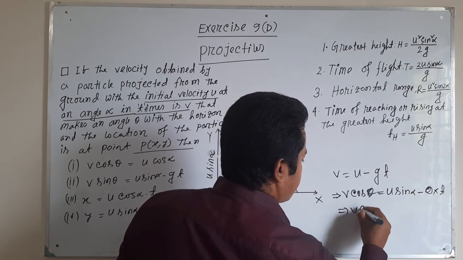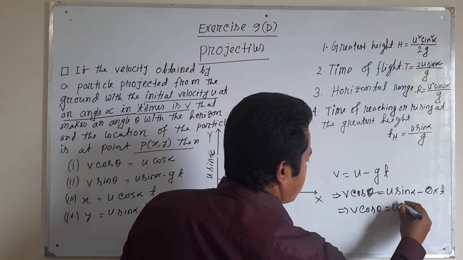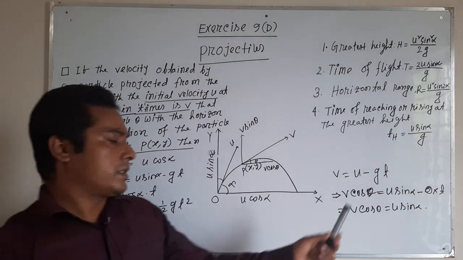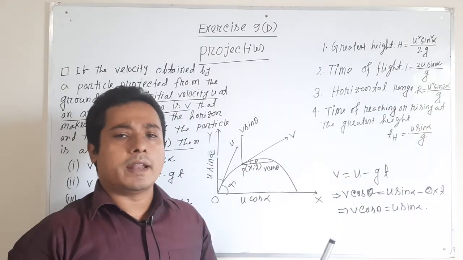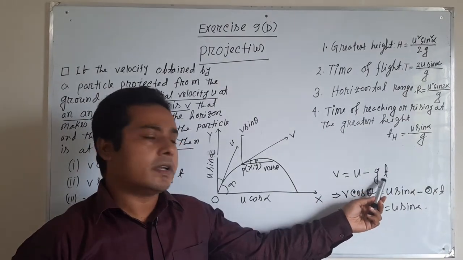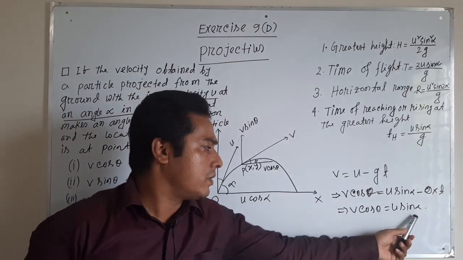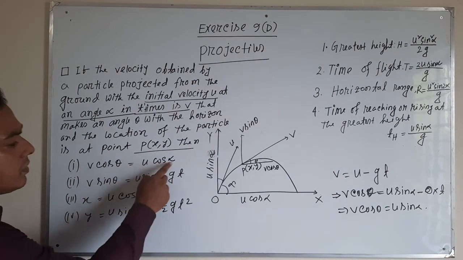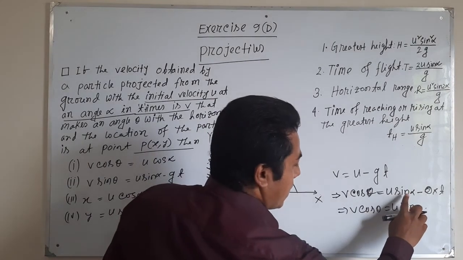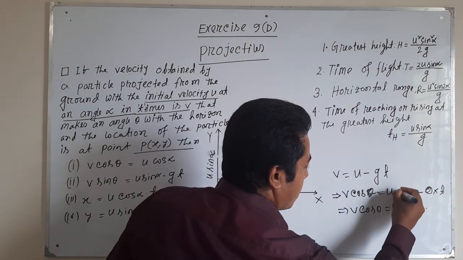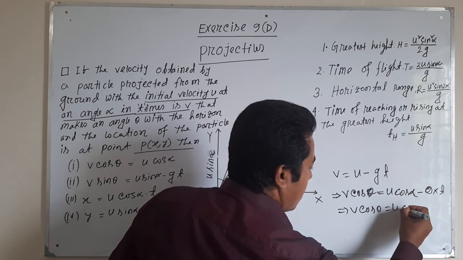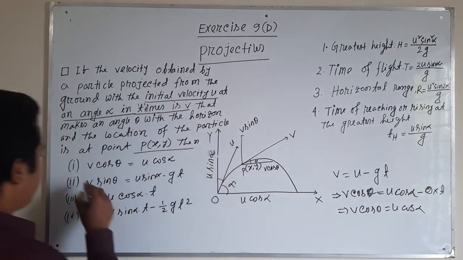The gravitational acceleration acts along the vertical line, so along the horizontal line the gravitational acceleration is 0. So v cos theta equals u cos alpha. This is our formula.